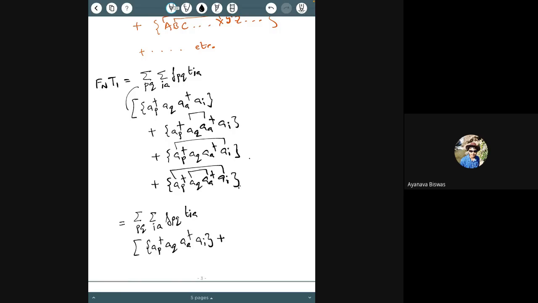Plus, okay, so this is delta QA, and I have a_P dagger a_I. Then I have delta PI, a_Q a_A dagger, plus delta PI, delta QA.